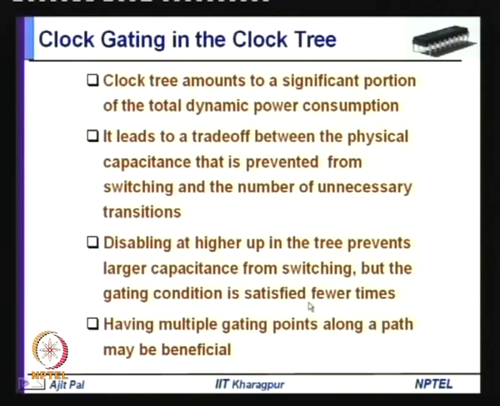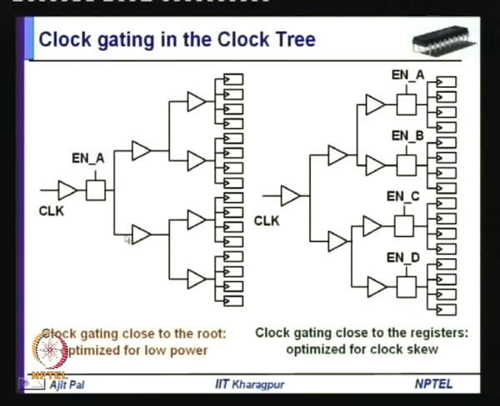So, as it is explained with the help of this diagram, you can see here is a clock tree. Clock is applied here, and there are drivers inserted at different points of the circuit, and these are the registers which the clock is driving. You can see they have some restriction on the number of registers that can be driven by a single driver. So, fan out is restricted to 4 in this particular case, and a number of drivers have been added.